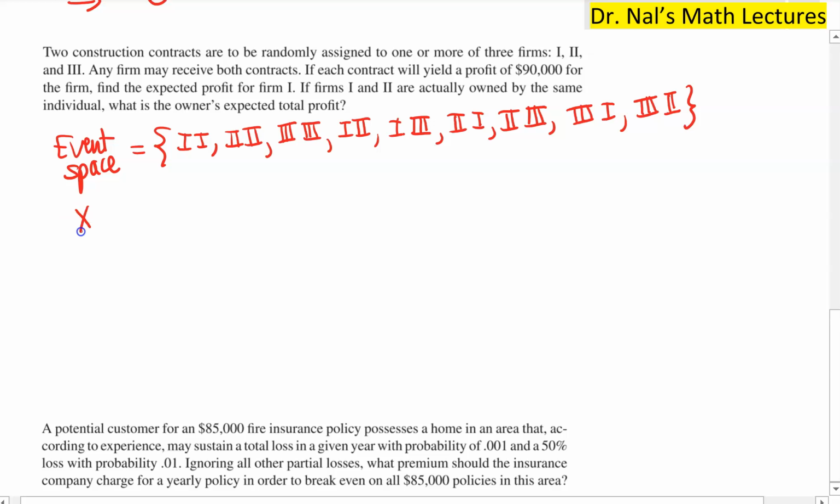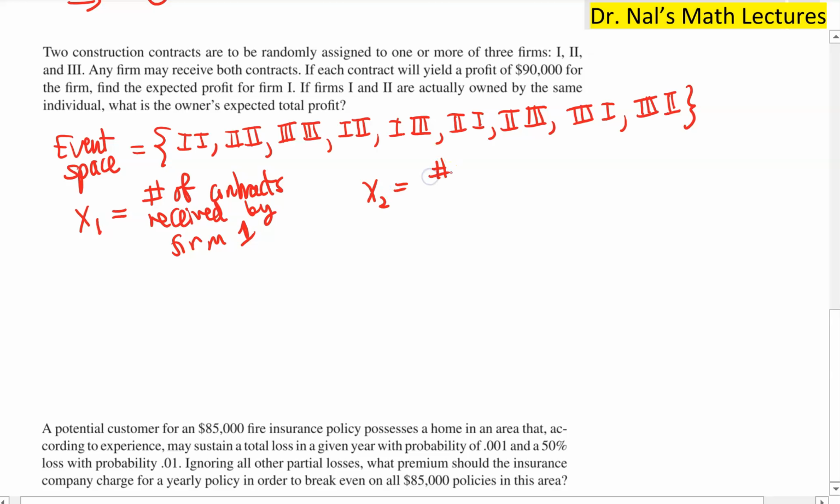So let's define it x_i, or x1, x2, x3. Let's do it one by one. X1 is the number of contracts earned or received by firm 1, and similarly for x2, the number of contracts that the second company received, firm 2, and x3 is the number of contracts received by firm 3.